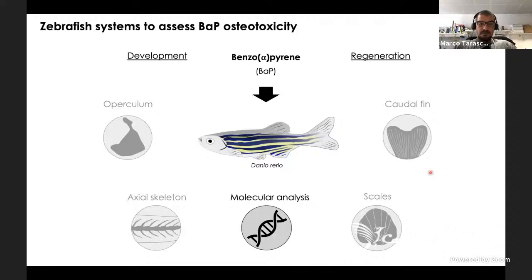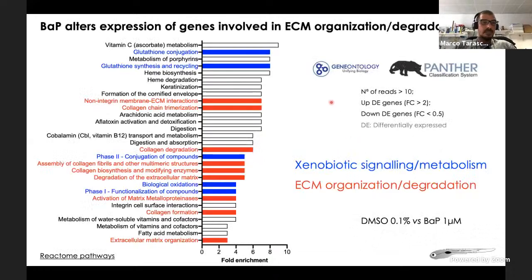Then finally, we performed some molecular analysis to better understand what was behind this phenotype we just showed. We performed some transcriptomic analysis of larvae that were exposed either to DMSO or BaP at 1 micromolar. And here I'm showing some pathway enrichment of the differentially expressed genes.